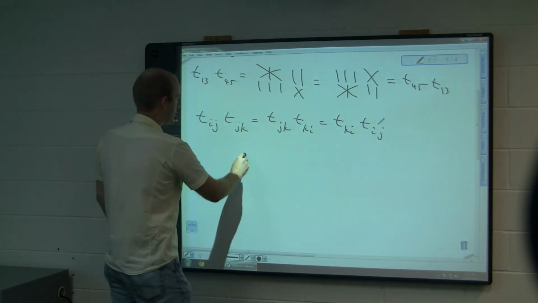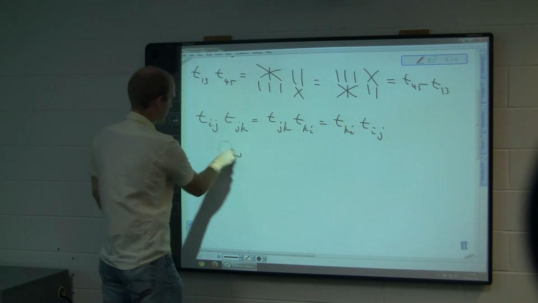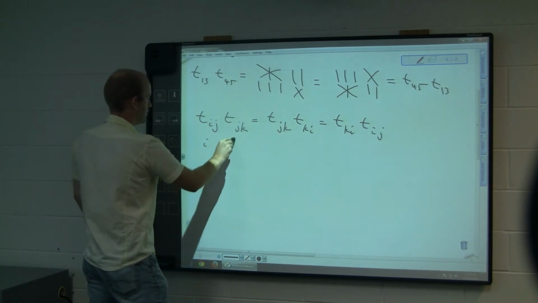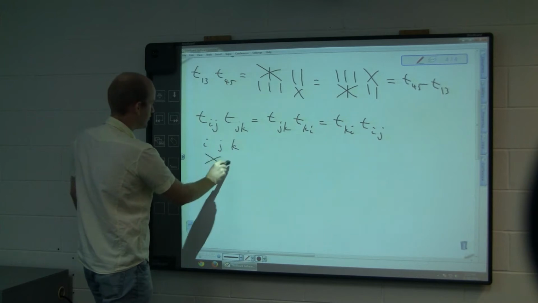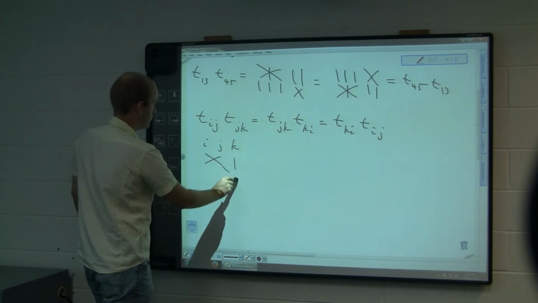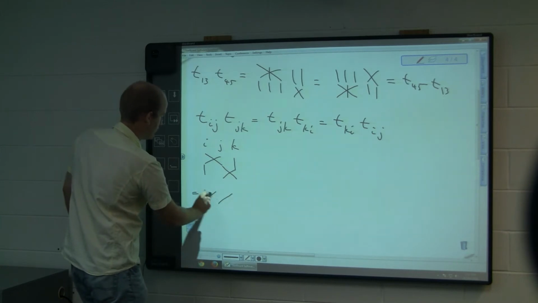So let's imagine we've got 3 points I, J, K. And let's do this product of transpositions on the left. I and J switch, and J and K switch. So the net effect is that we've got this permutation.